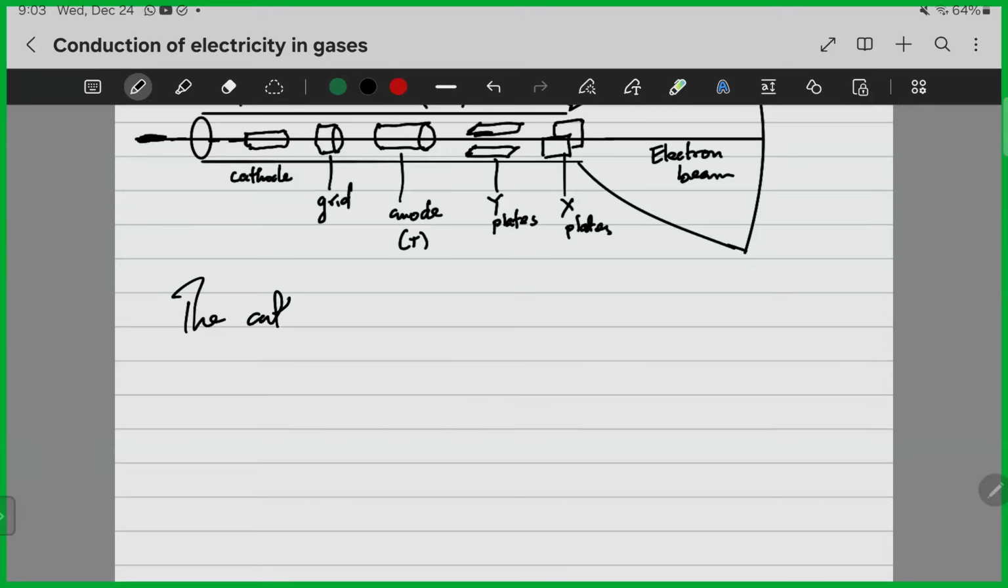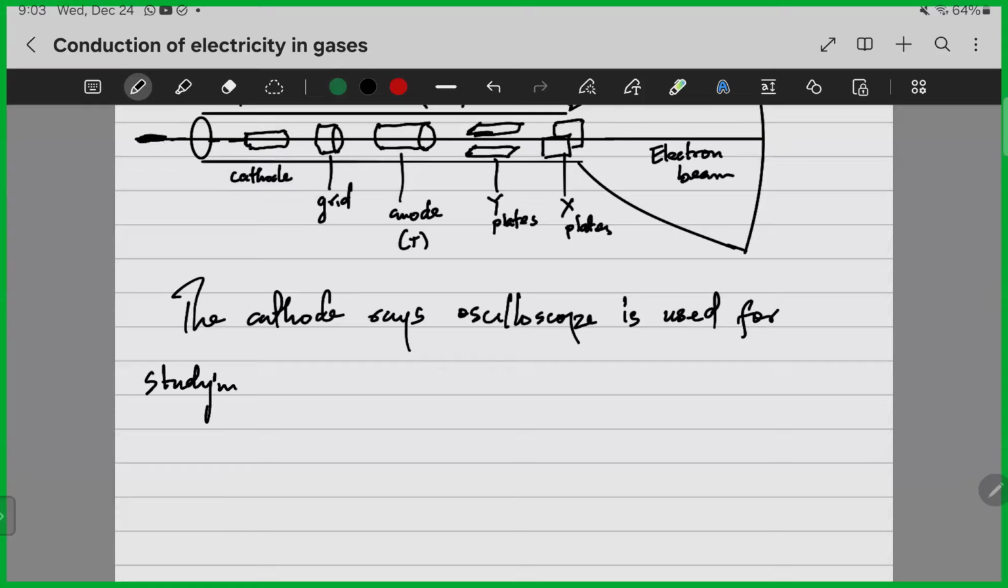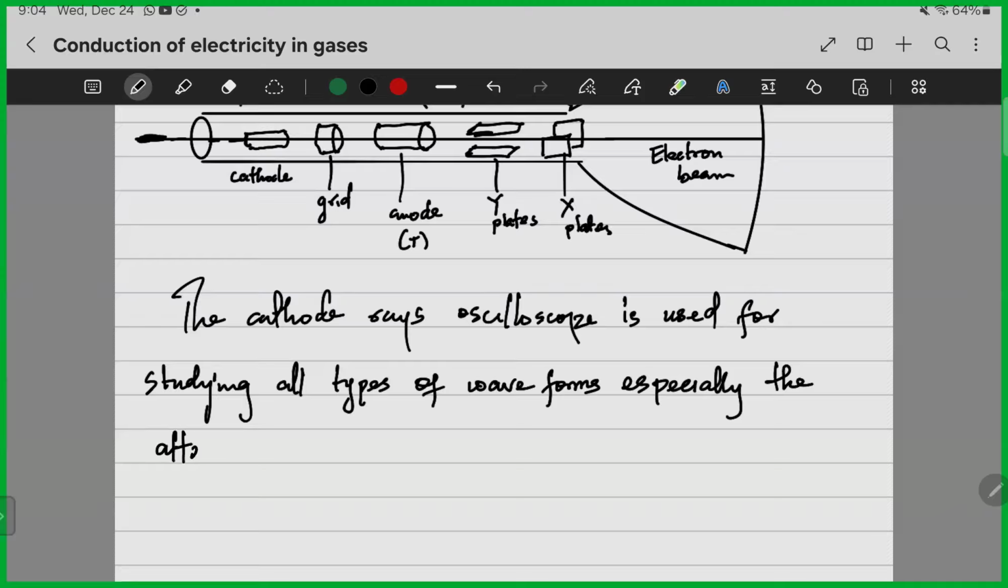So the cathode ray oscilloscope is used for studying all types of waveform, especially the alternating current waveform.